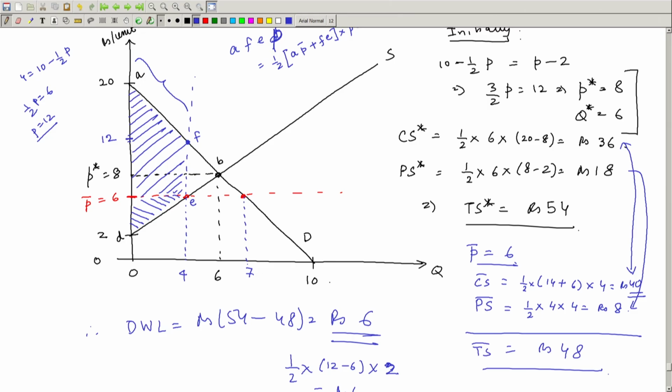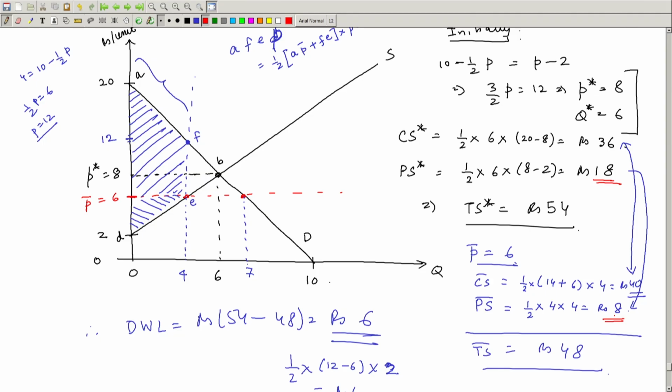And we learned that here there was a transfer from the producer to the consumer. In this particular example, the previous producer surplus, or the surplus to the producer in the absence of any regulation, was rupees 18. Post the ceiling price, the producer surplus was rupees 8.